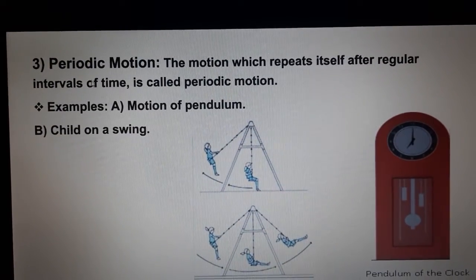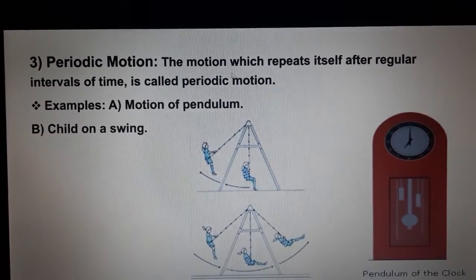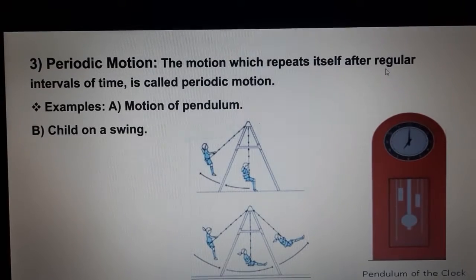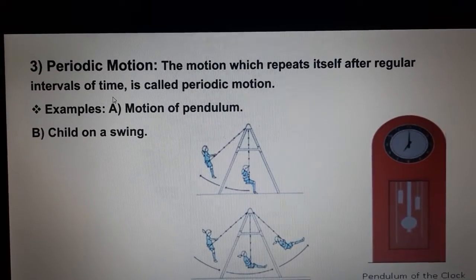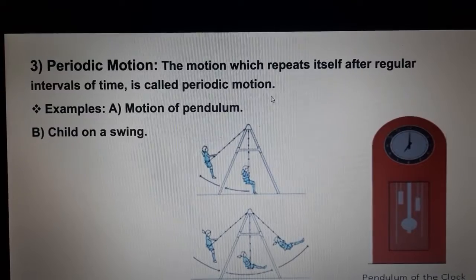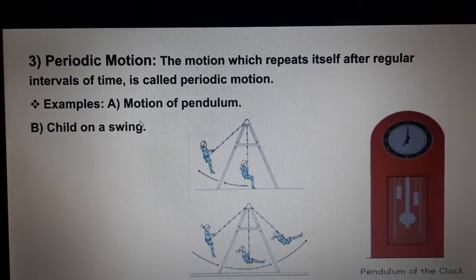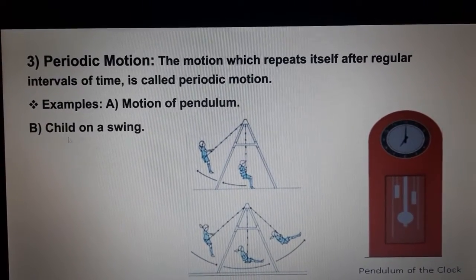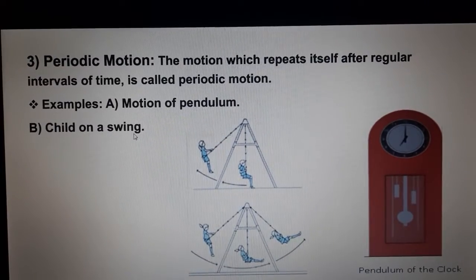The next one is periodic motion. The motion which repeats itself after regular interval of time is called periodic motion. Example: A. Motion of pendulum. B. Child on a swing.